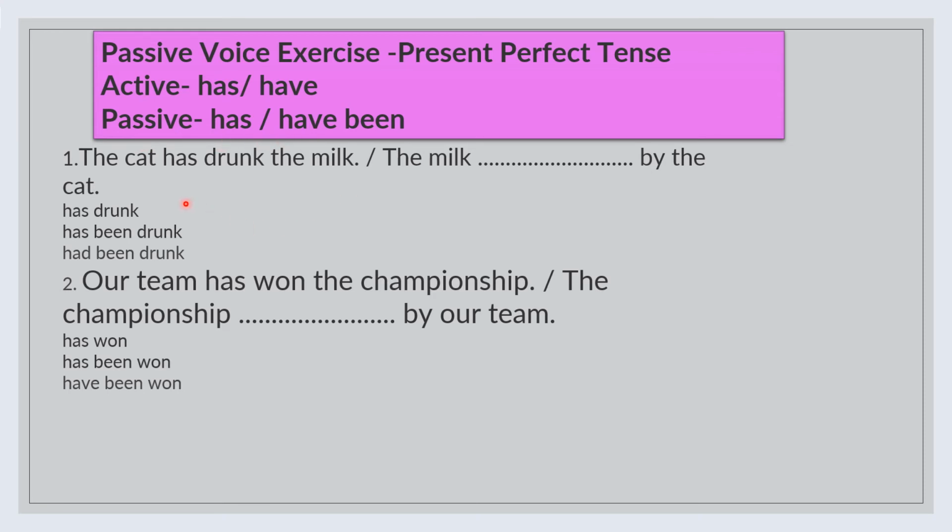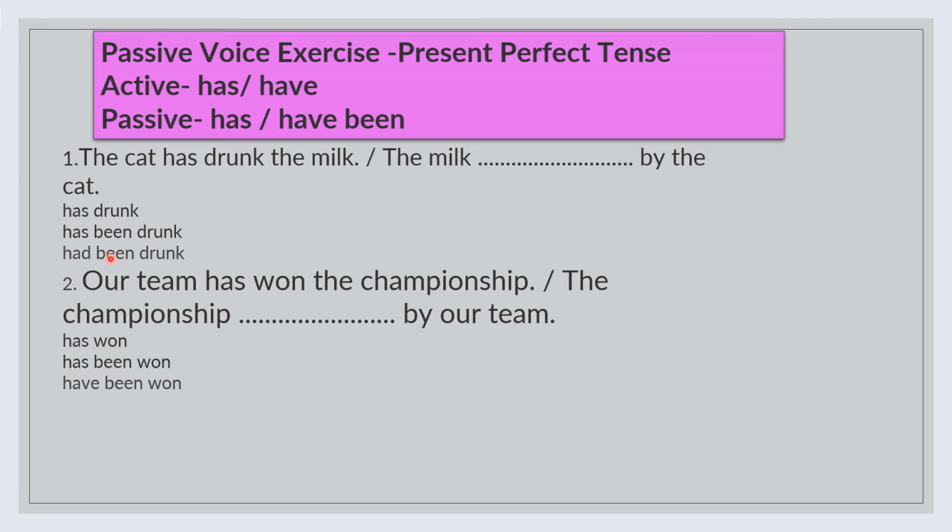Example: the cat has drunk the milk. Active voice. The milk dash dash dash by the cat. Okay, so options are: the milk has drunk by the cat, the milk has been drunk by the cat, the milk had been drunk by the cat.